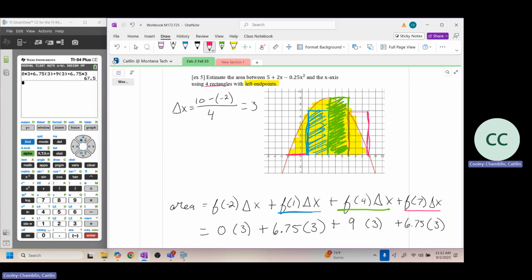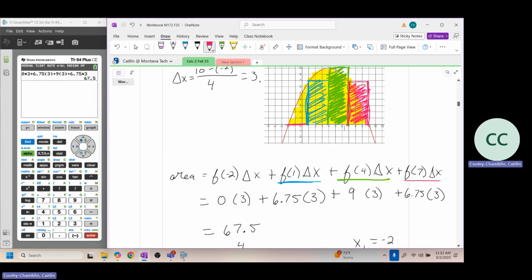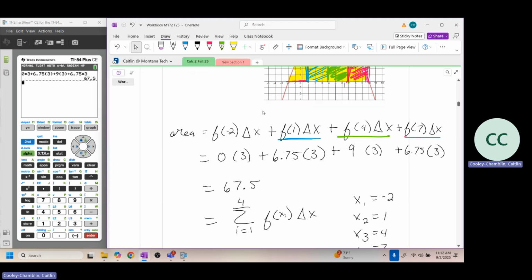And so the f of 7 gives me, okay, what is the height of my curve at 7? And then we go over 3, times 3, and we find this area. And then we add all of those up, and that's how we got the 67.5.